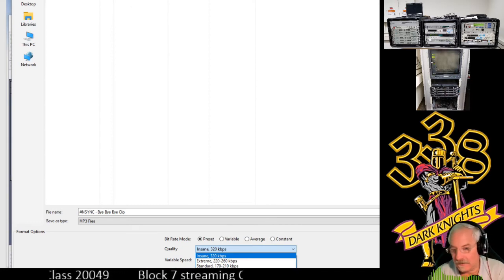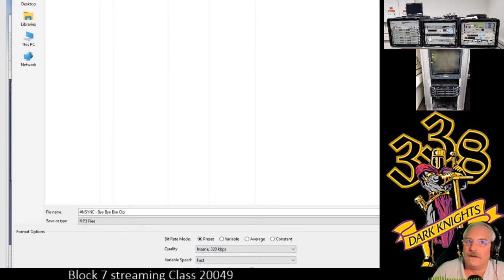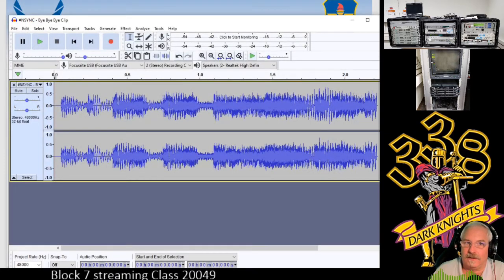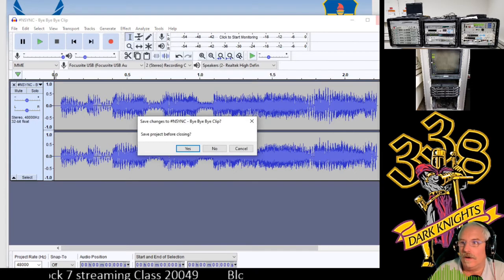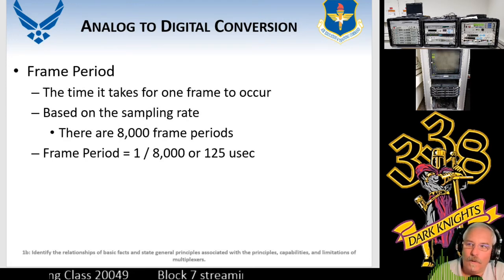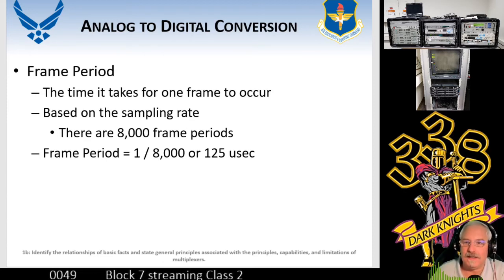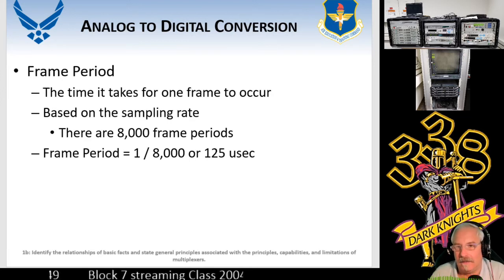This is just a simple program, the Audacity one, where you can do recording and clips and whatever, and it's also based on your processor speed and what your processor can do. So when you look at 8,000 times a second, it's a standard for getting our voice over to digital, where it's easier to modulate and send out.